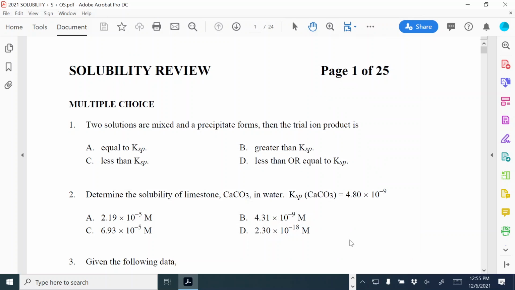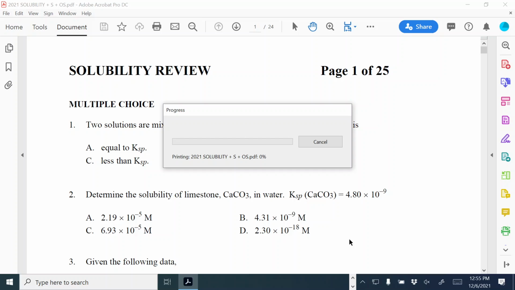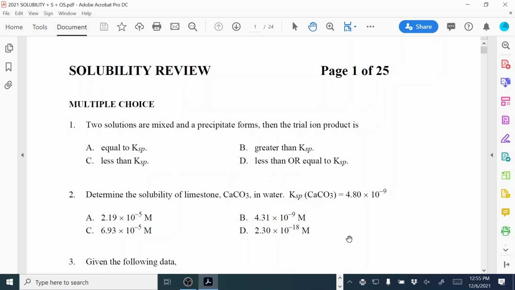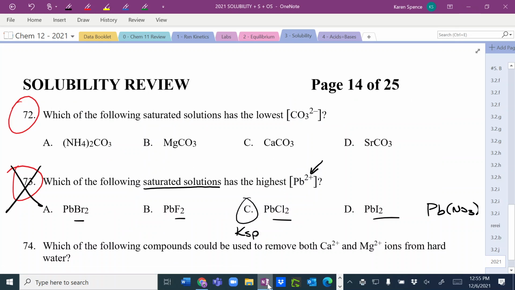So I'm going to press print. Okay, you guys are going to wait a minute for me. And Chris, you're going to come with me.